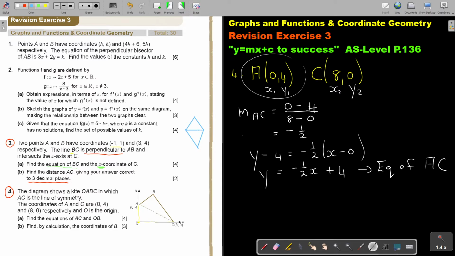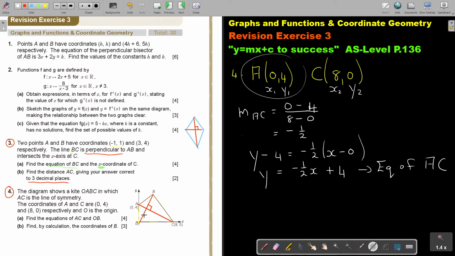So a normal kite, in another color. They intersect at how many degrees there? 90. So that line there and that line there are going to intersect at how many degrees?